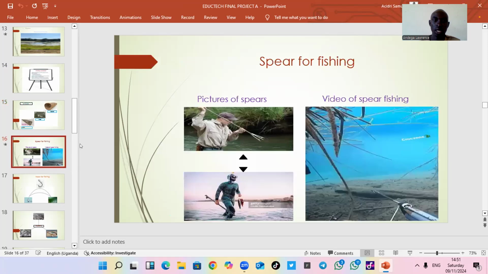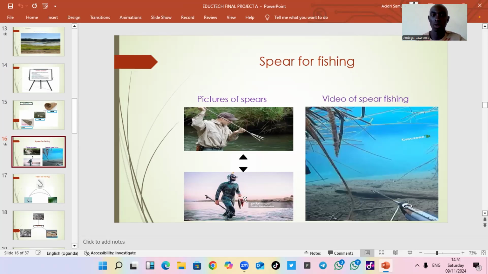And then we have also another interesting type of traditional method of fishing, which is commonly used in East Africa. And it is called spears, making use of spears. And the pictures below can show exactly what spears are. So I have used spears to explain the traditional method of fishing.